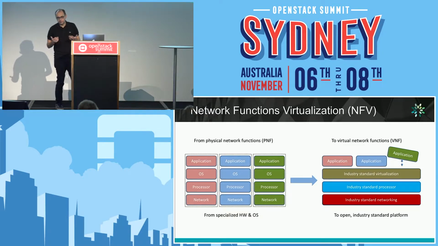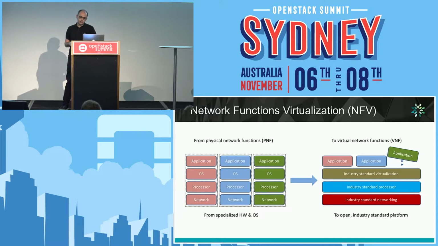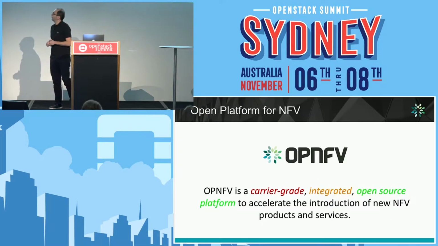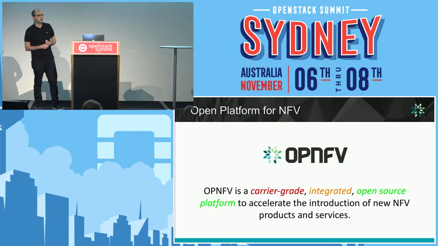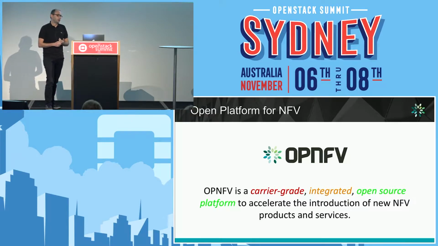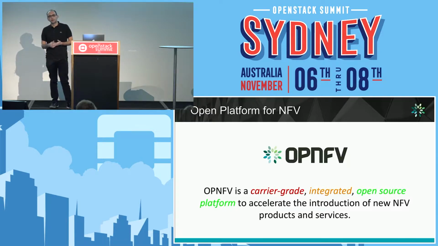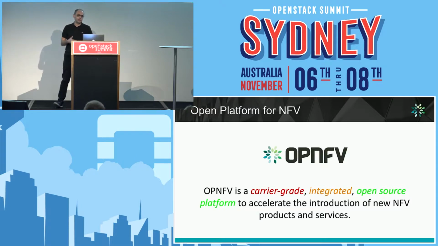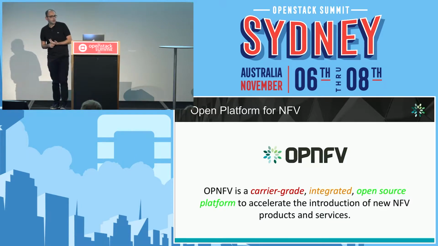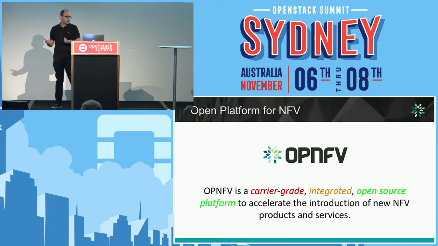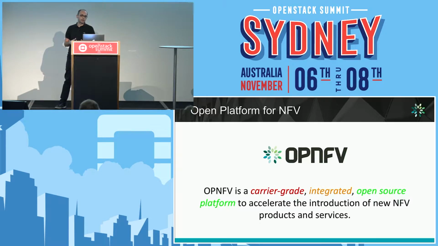Based on these experiences, about 3 years ago the project named Open Platform for Network Functions Virtualization was established by a few operators and vendors, and hosted by the Linux Foundation, to make it even faster to realize next generation telecom networks based on cloud and virtualization. As you see there, this is what you will see if you go to the OPNFV website: a carrier-grade integrated open source platform to accelerate the introduction of new NFV products and services.